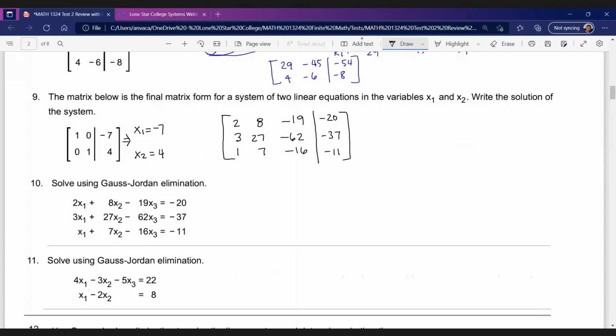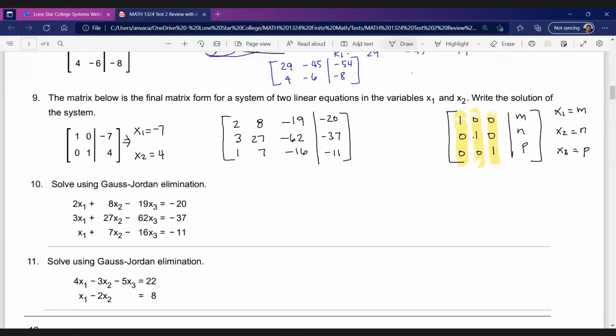If we're going to complete this example using the Gauss-Jordan elimination, then the final answer must be something of this form: 1, 0, 0, 0, 1, 0, 0, 0, 1, where we have M, N and P. And maybe we'll get a unique solution, where in this case, if we're able to do this, then x1 will be equal to the number M, x2 will be equal to the number N, and so on. I'll probably take 3 tries on this particular example just to get it right.